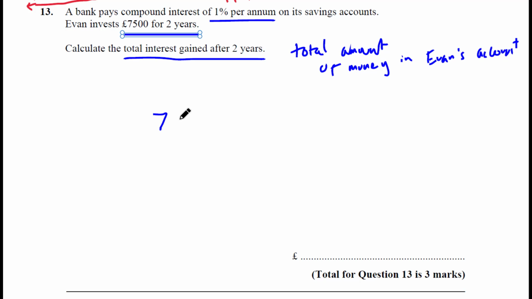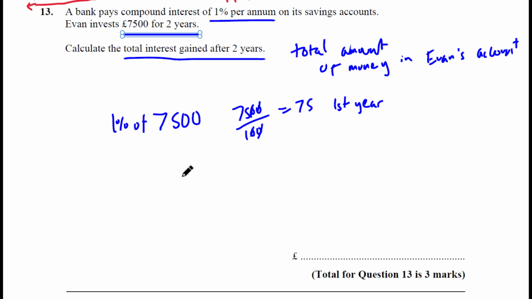So 1% per annum, so we need to find 1%. We know that's divided by 100, and you should know that instantly really, that's going to be £75, because that's after the first year. Now be careful here, that means at the end of the first year he's actually got this in his bank in total, so we need to find 1% of this amount.